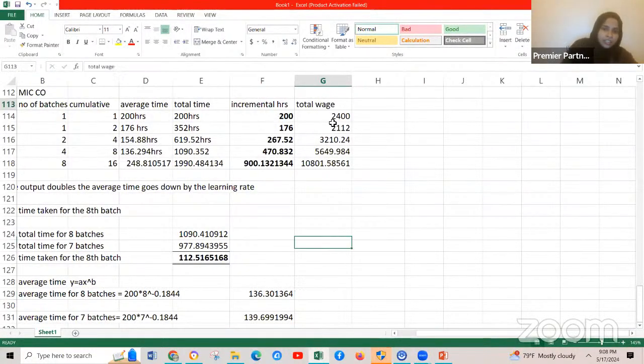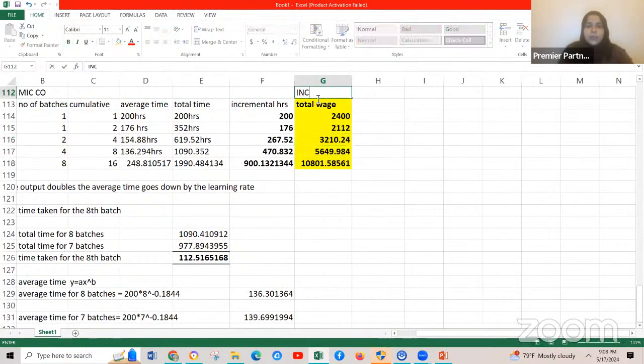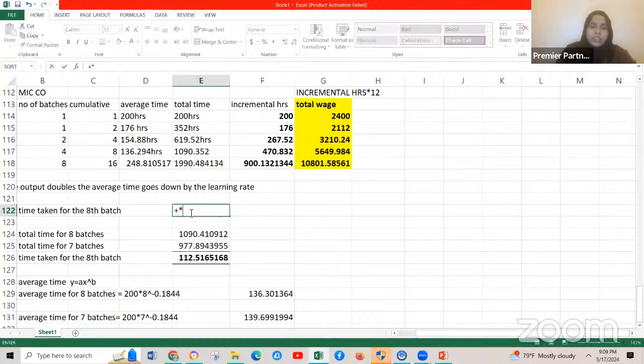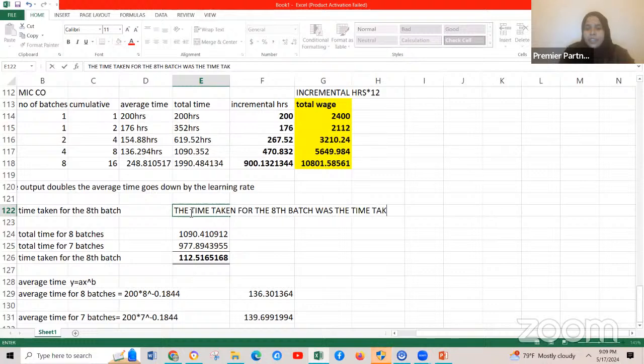So these are the wages, however, the monthly wages that they're asking. How did we get this? We took the incremental hours and multiplied by 12. So here, the time taken for the 8th batch was the time taken for all other batches after it.